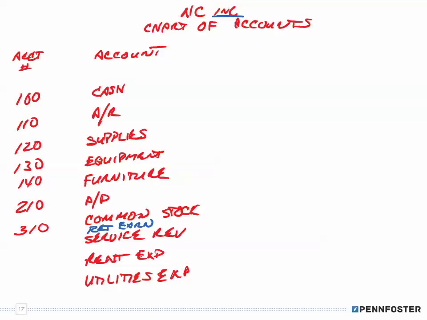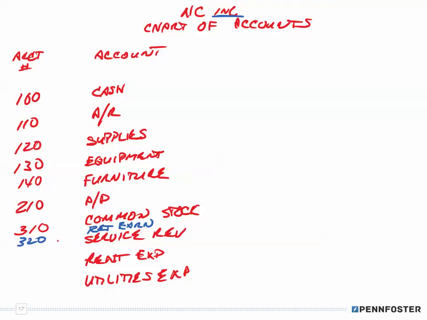It's not an account that's set up, so I might as well set it up right now, and I'm going to number that 320. This is a deviation from the solution in the book. This is just my experience coming into play.